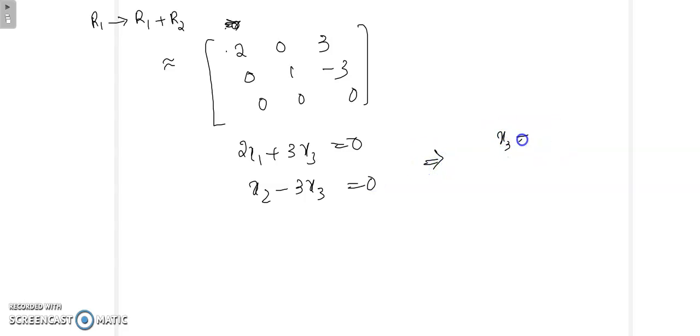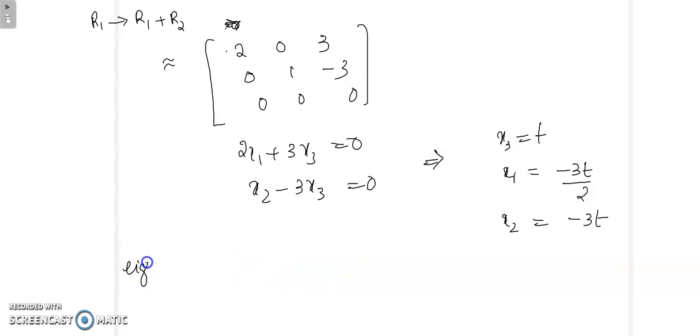Again put x3 equal to t. So you will get x1 equal to minus 3t by 2 and x2 is 3t. And you can multiply with 2 throughout to avoid fractions.